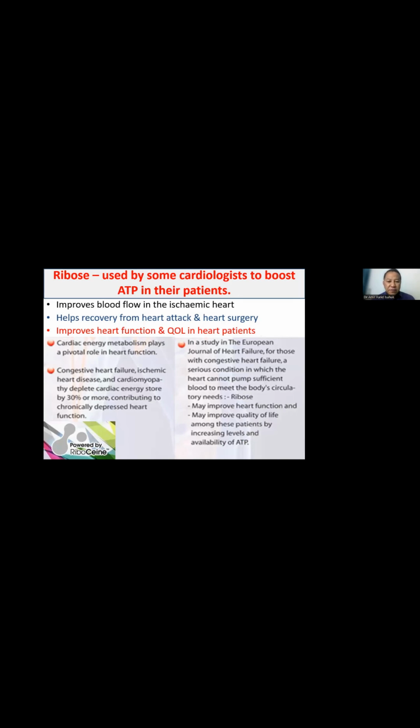In fact, ribose is so important for the heart. Many cardiologists who believe in nutrition prescribe ribose to their heart patients to help the blood flow in the ischemic heart, to help recovery from heart attack and heart surgery, and to improve heart function and quality of life in their heart patients.